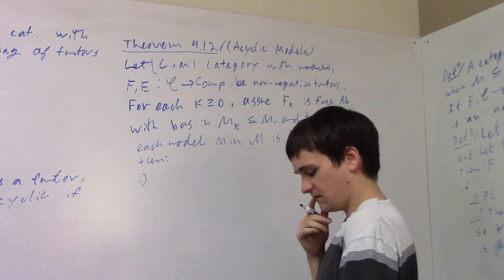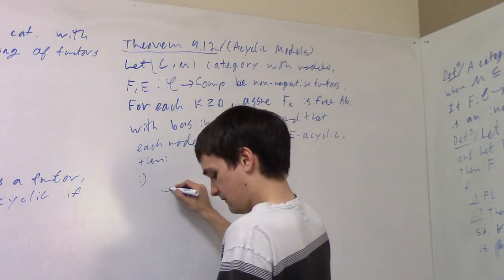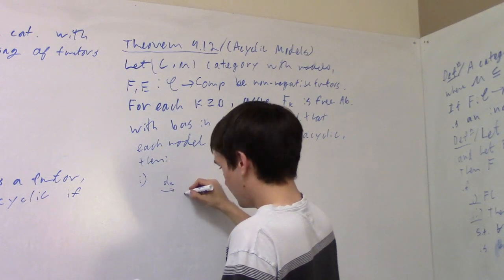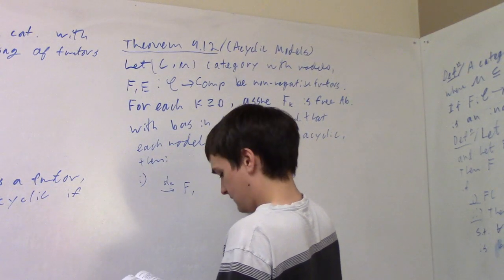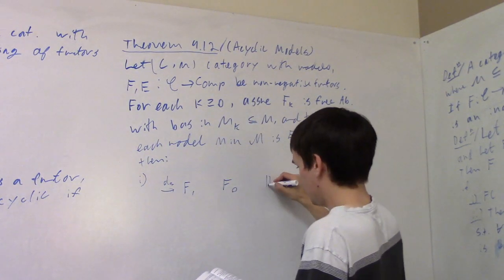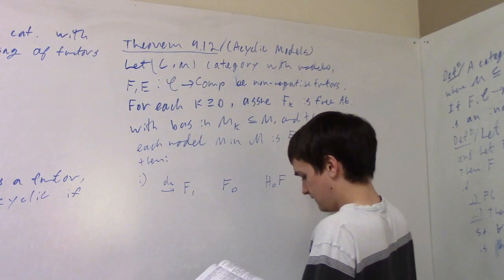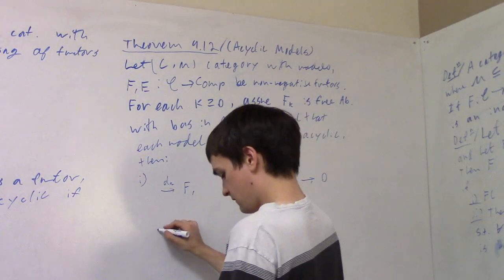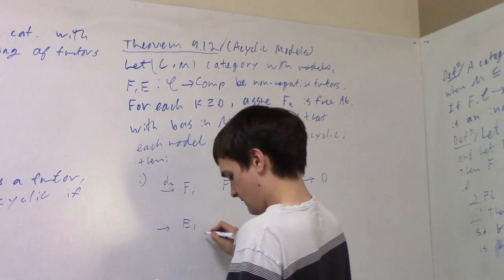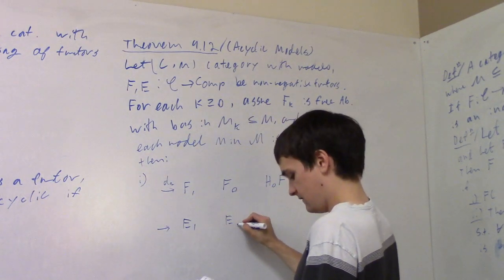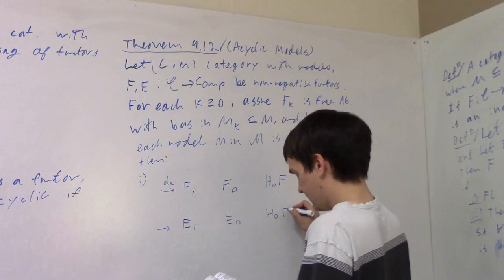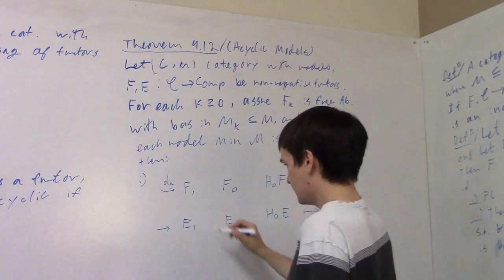That is, there's a commutative diagram: F1, F naught, H naught of F, 0, and E1, E naught, H naught of E, 0.